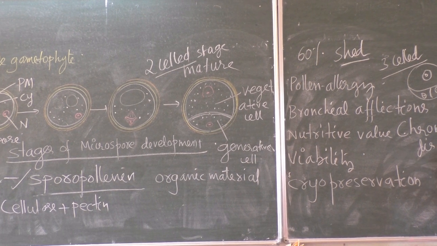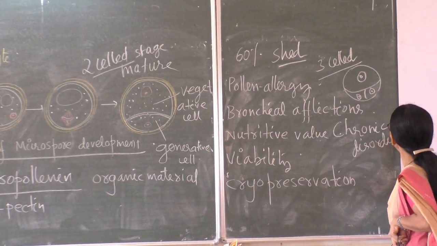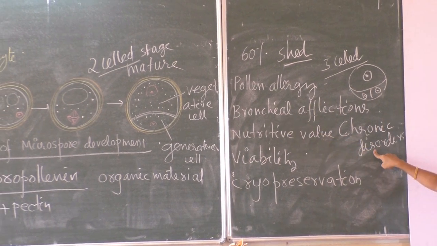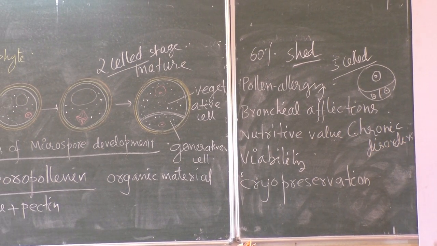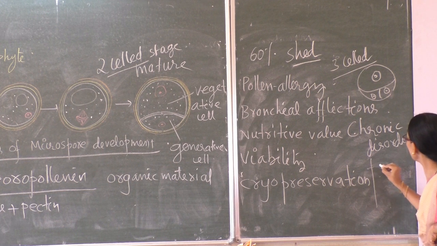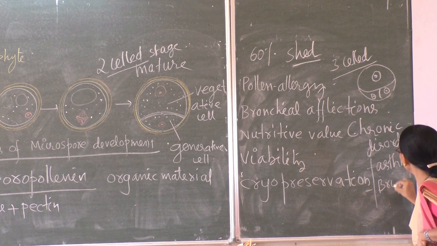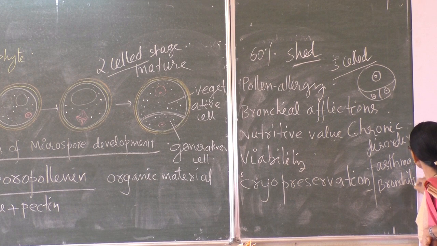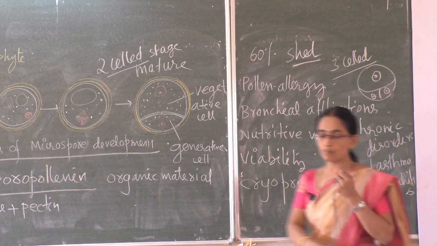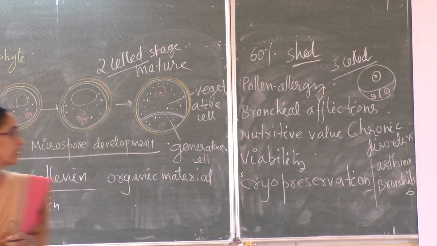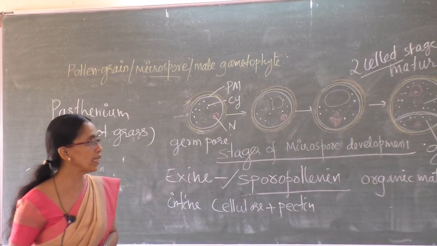disorders. Some disorders related to the lung which remain for a long duration are called chronic disorders, like asthma and bronchitis. So pollen of few species causes allergy, known as pollen allergy.